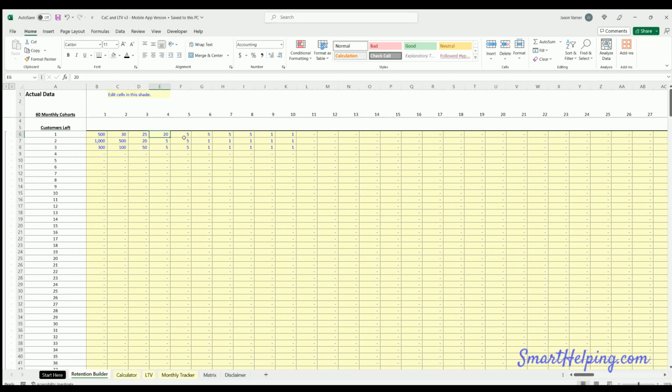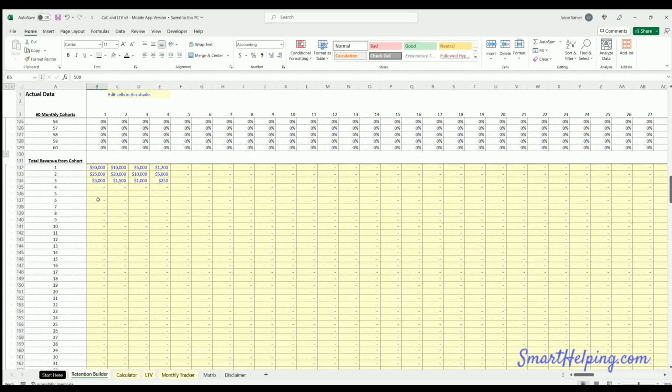Your data needs to be granular enough to separate by cohorts. So you need to know here's the month one customers, this 500, here's how much revenue they generated. How much did those same 500 customers produce, without adding any, in month two, three, four, etc.